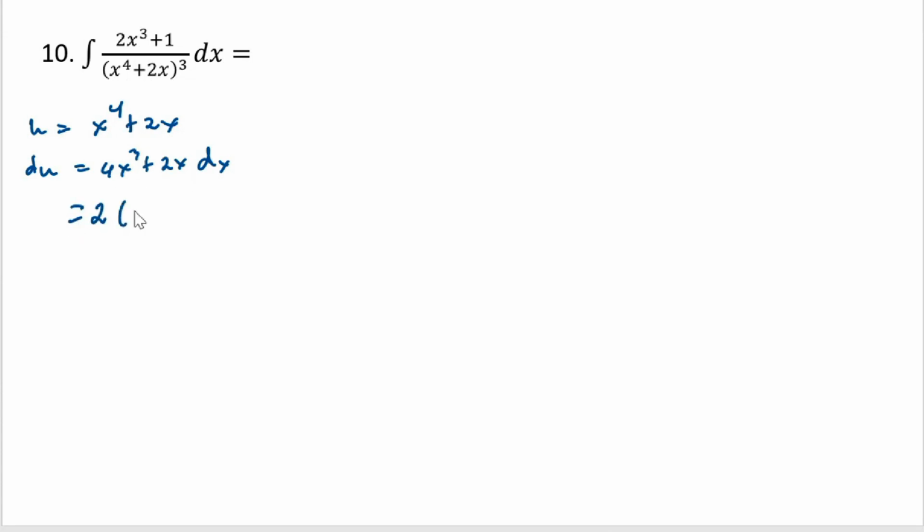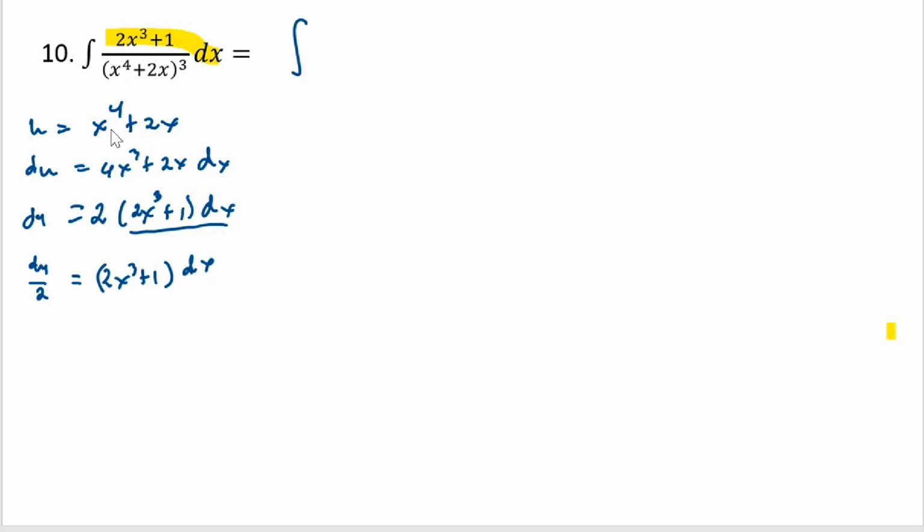So we have now 2 times 2x cubed plus 1 dx. So 2x cubed plus 1 dx is now visible in the given. The one I highlighted is the meaning of our du, but we have a coefficient factor of 1/2. So dividing now both sides by 2, we can now have du over 2 is equal to 2x cubed plus 1 dx.